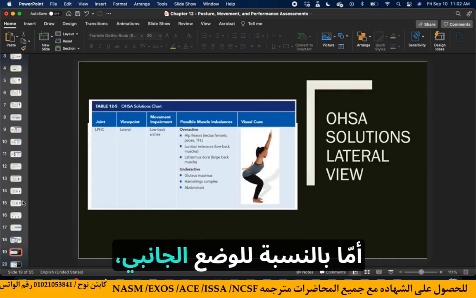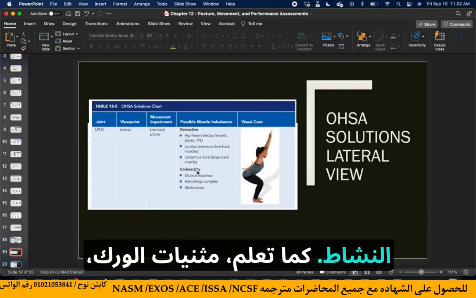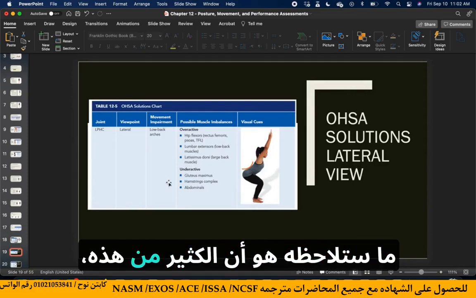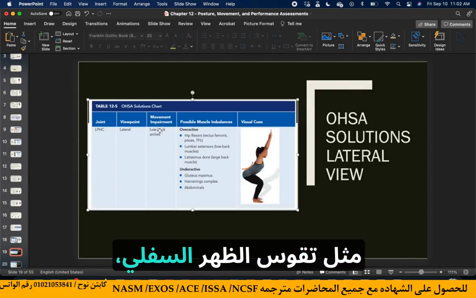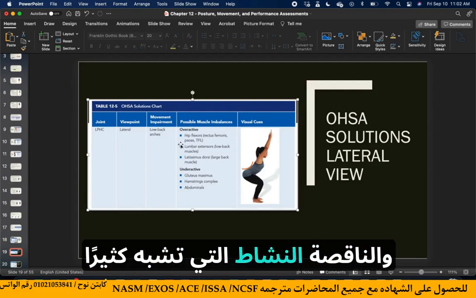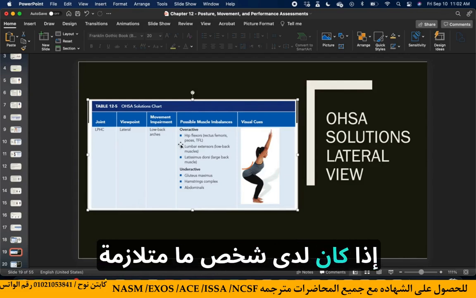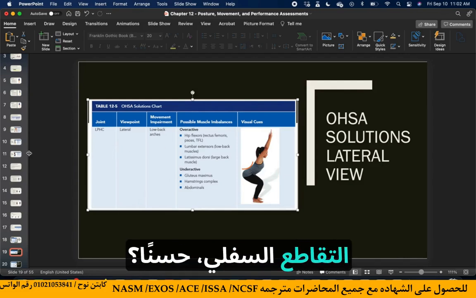For the lateral positioning, there's your overactives and your underactives, hip flexors, lumbar extensors. What you're going to notice is that a lot of these, like low back arching, you're going to see a lot of over and underactive positions that are very similar to what we saw statically if somebody had that lower cross syndrome, okay?